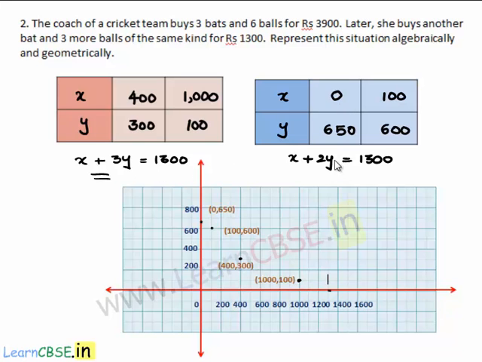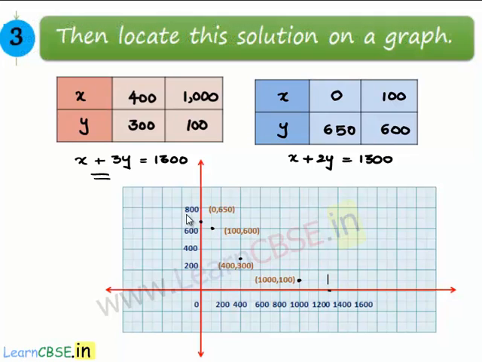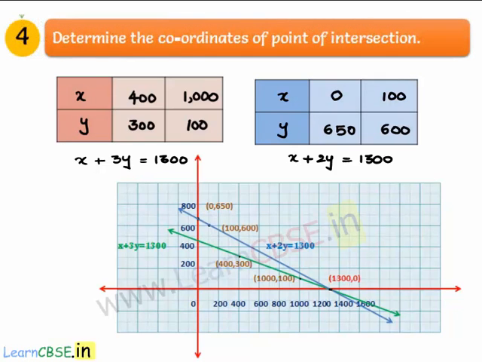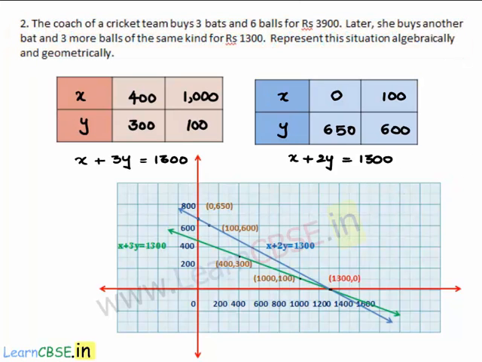Now 0, 650 is here and 100, 600 is here. Let us join these 2 points in order to obtain the straight line of the equation x plus 2y is equal to 1300.